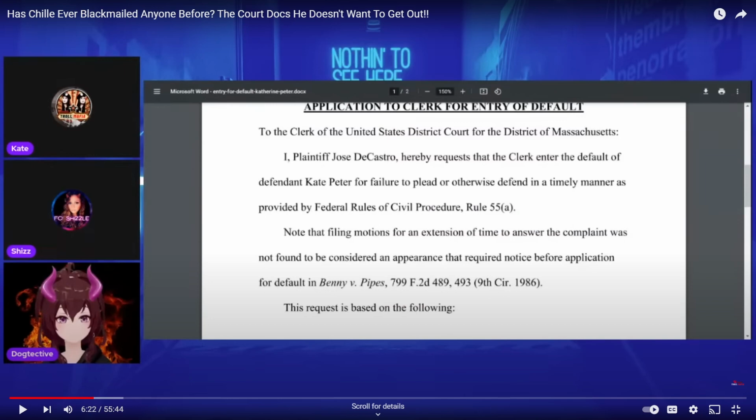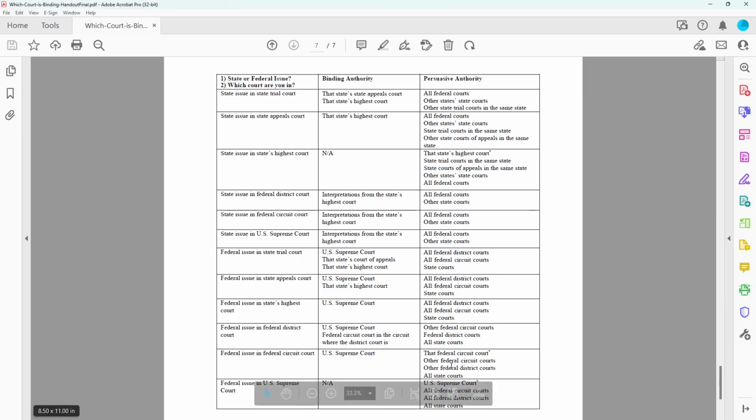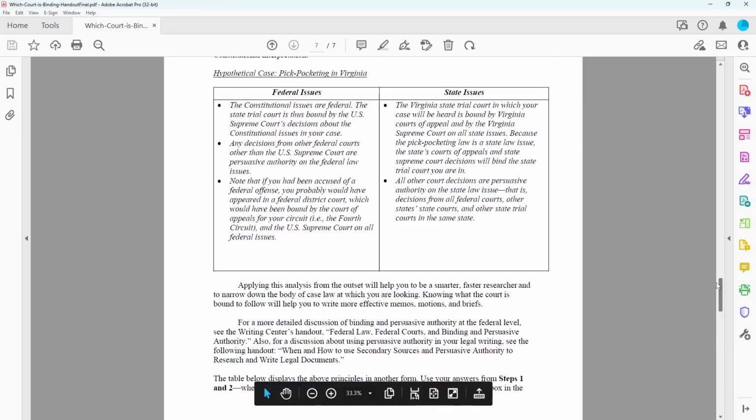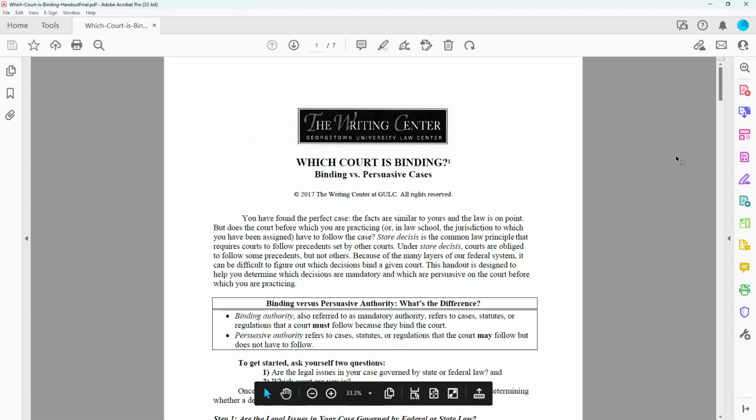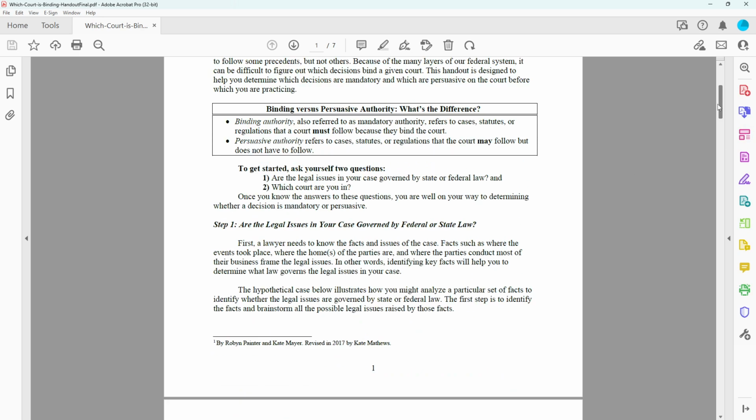So, let's go into that. So, there's this document that kind of breaks down this, that I recommend you all Google and download. It's by the Georgetown University Law Center. It says, which court is binding versus persuasive cases?